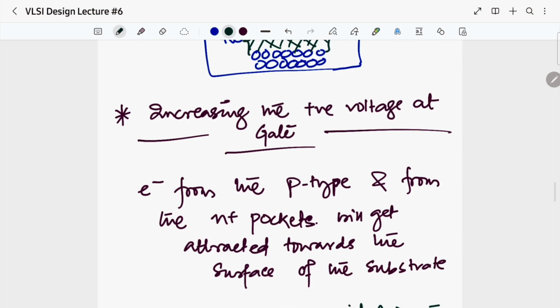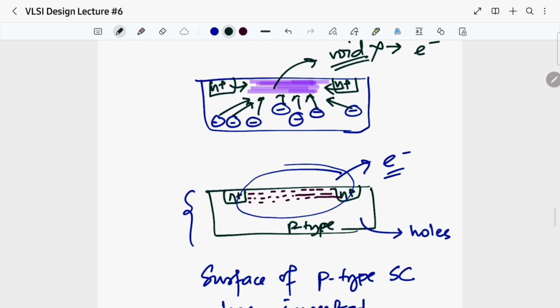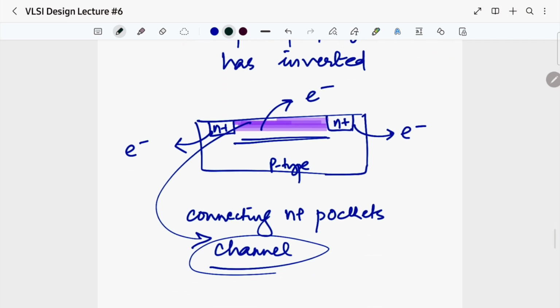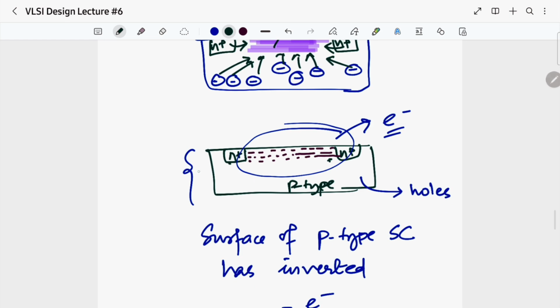And in this step we kept on increasing the positive voltage until the electrons formed a connecting link between the n plus pockets and formed the channel, and the surface inverted; the surface of a p-type now has electrons.